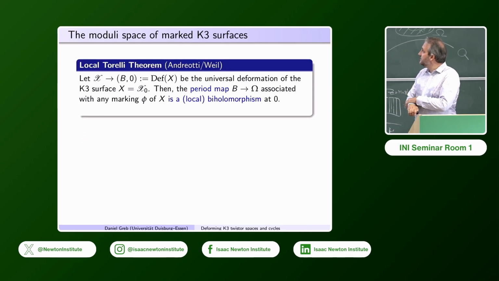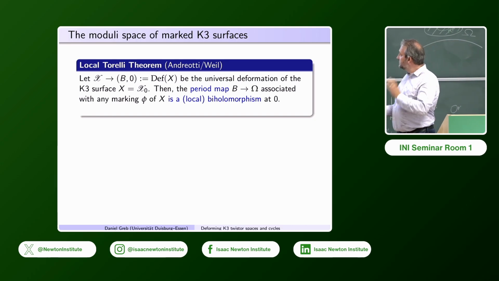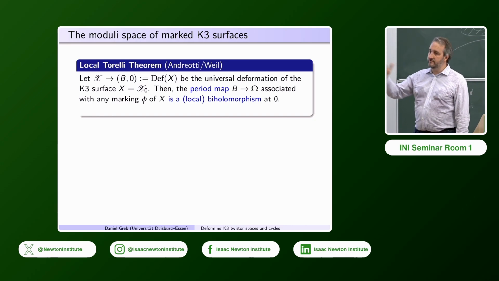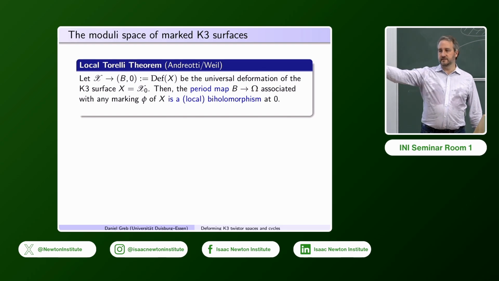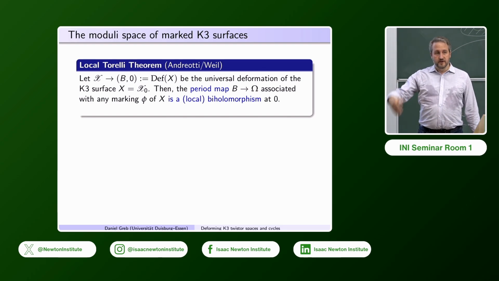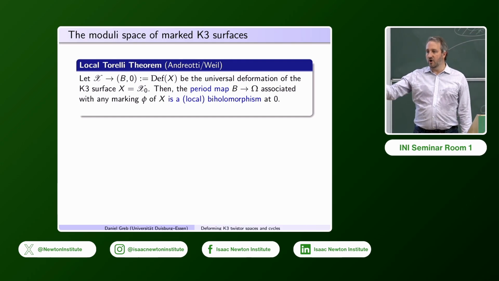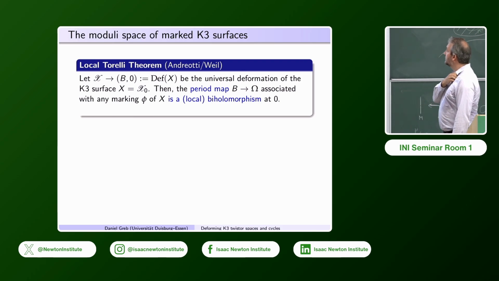So at least locally, this is an old theorem of Andreotti and Weil: if you take the universal deformation of a K3 surface, so this is a space which is 20-dimensional, a smooth ball, where there is a family of K3 surfaces, and this is all you can do when you want to deform the fixed complex structure in the middle.